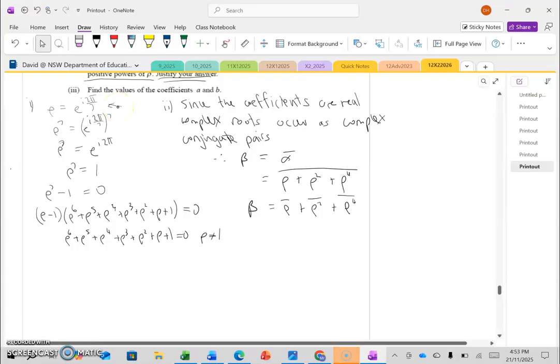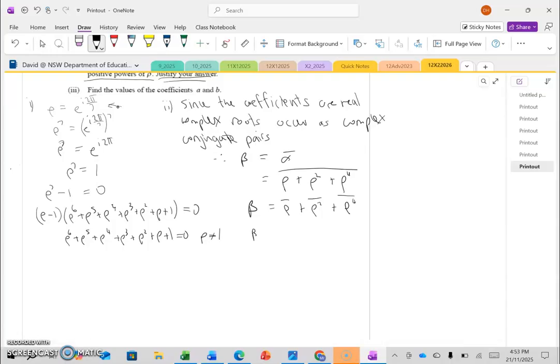Now let's substitute in what rho is. So that's going to be e to the i 2 pi on 7, bar, plus e to the i 4 pi on 7, bar, plus e to the i 8 pi on 7, bar. And taking the complex conjugate, we change the sign to negative.